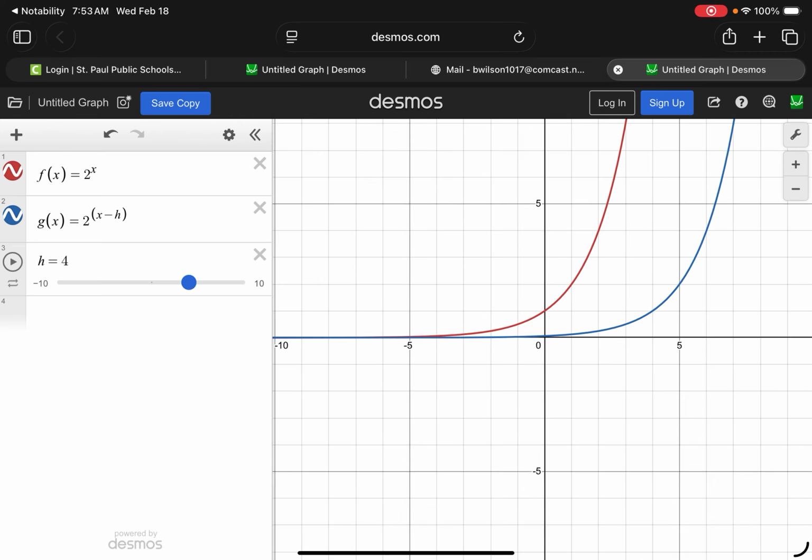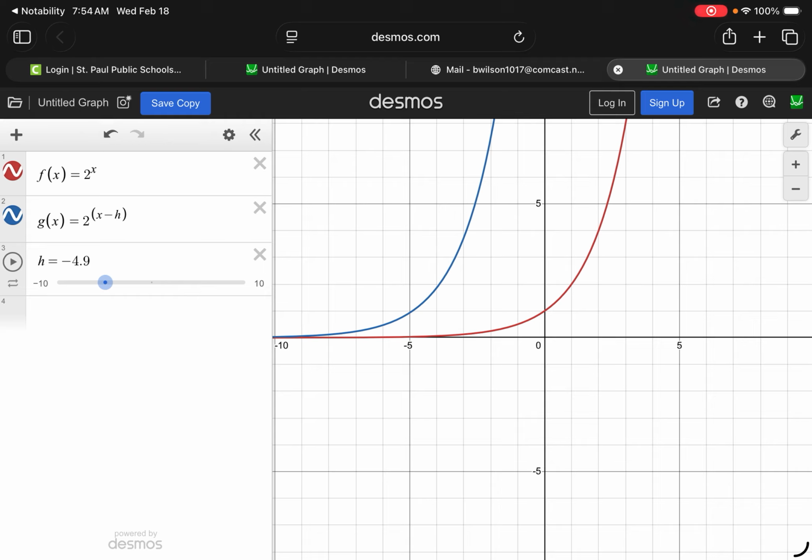So when I'm subtracting a positive number, the blue graph goes to the right. And now we see h is negative, so when I'm subtracting a negative number, the graph goes to the left. But notice that subtracting a negative number is the same as adding.